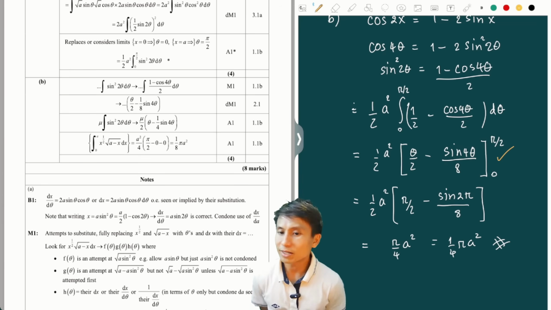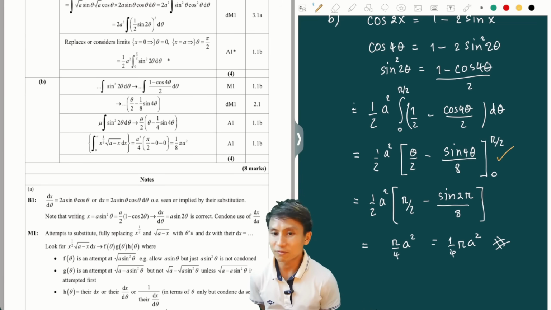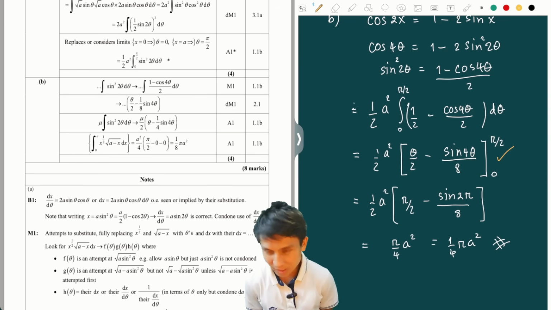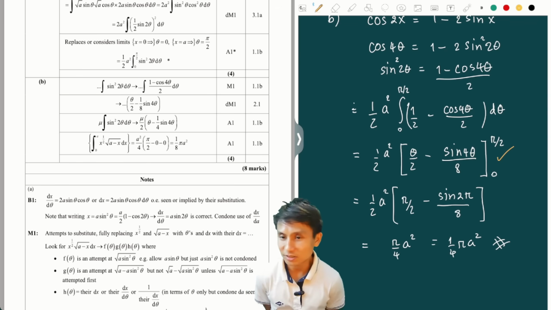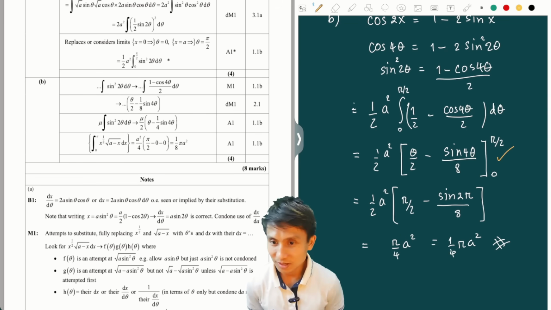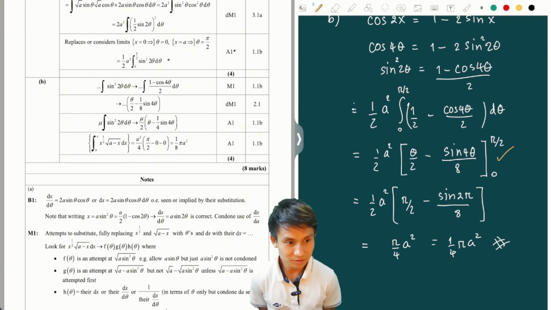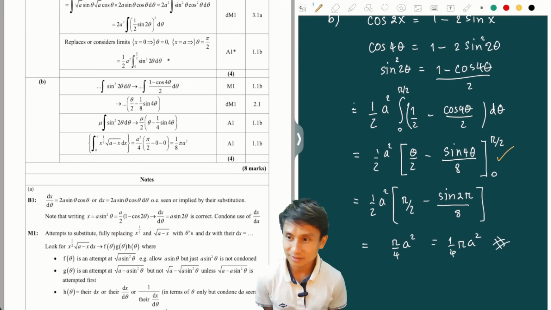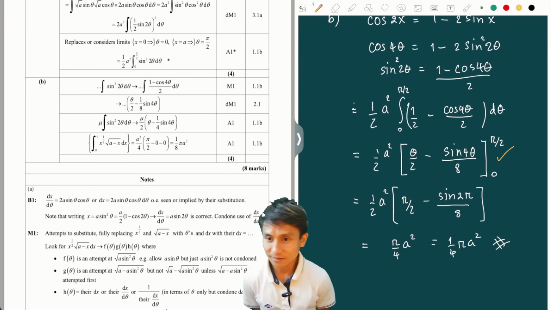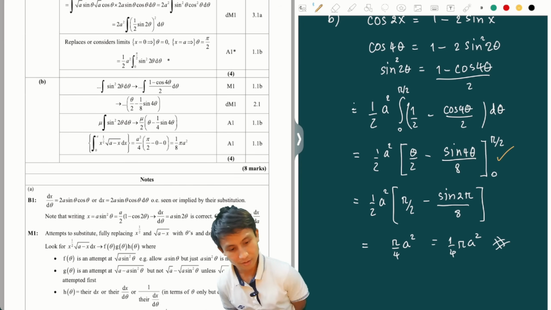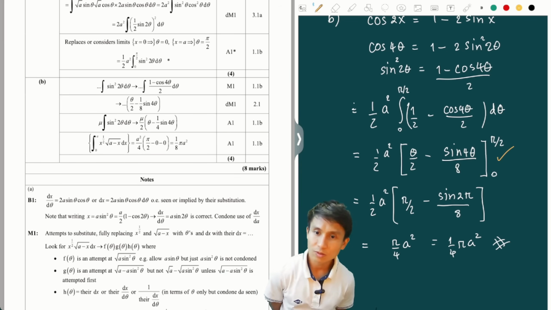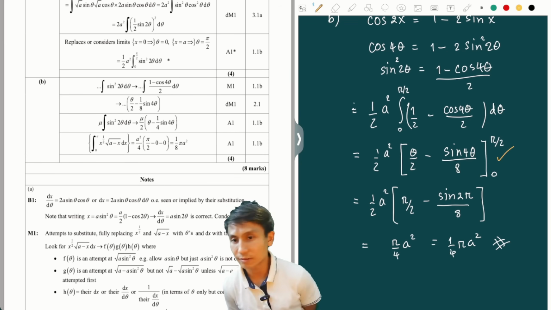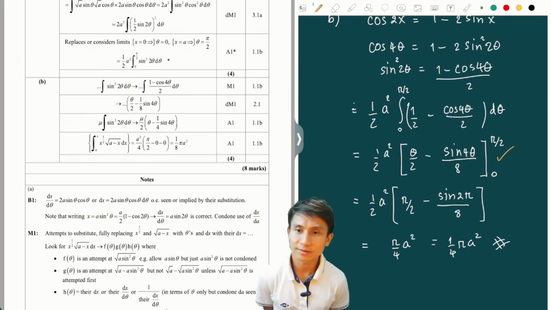I'm wondering why there is an a squared over 4 there, because that is what I got different from the mark scheme here. I'm just looking at it and trying to fathom it. Right, okay, I don't see it yet.